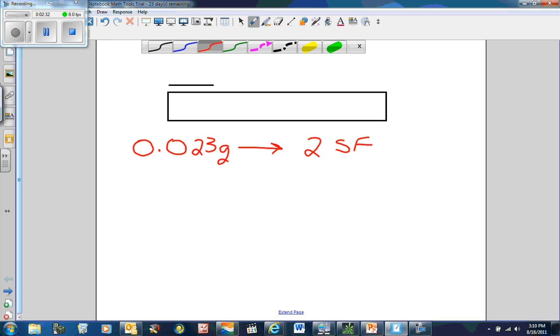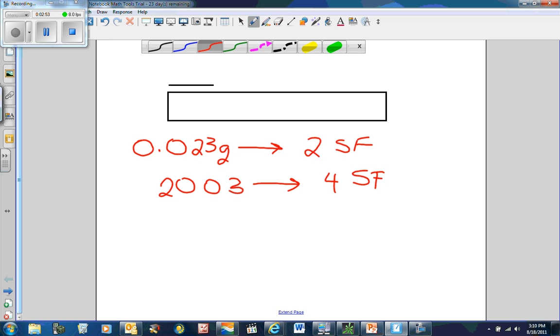That's all it's going to have is two significant figures, because these two zeros don't count. They're only placeholders. If I have 2003, those two zeros are in between two significant numbers, so that would have four significant figures.